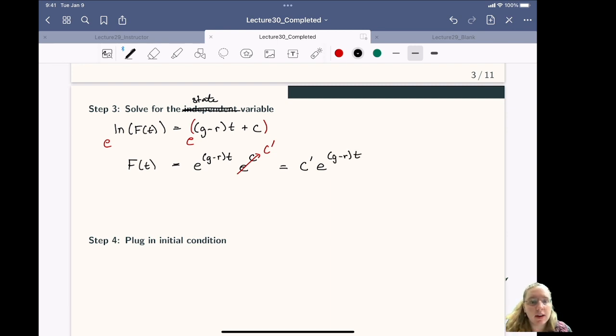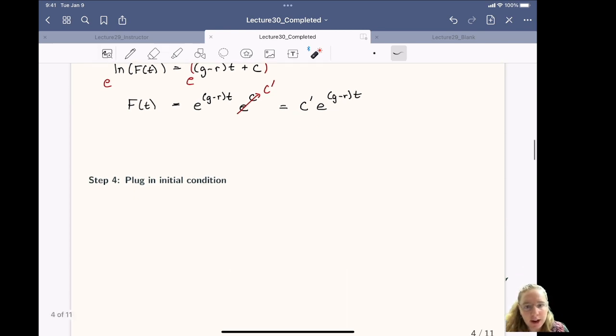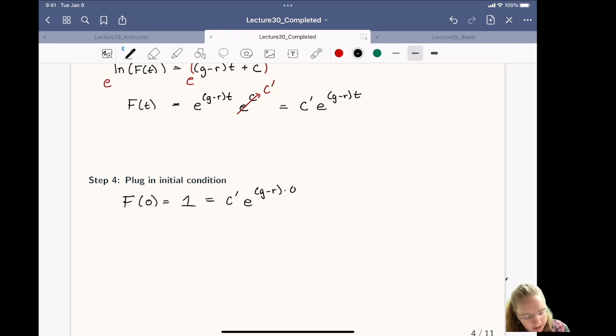All right, now we're almost done. We have our function is equal to something over here, but what is c prime? We still don't know what that constant is, so what we're going to do to solve for that constant is plug in the initial condition. So we know that f of 0, according to our initial condition, is equal to 1. Plugging that into the right-hand side of our equation, we have c prime is equal to g minus r times 0.